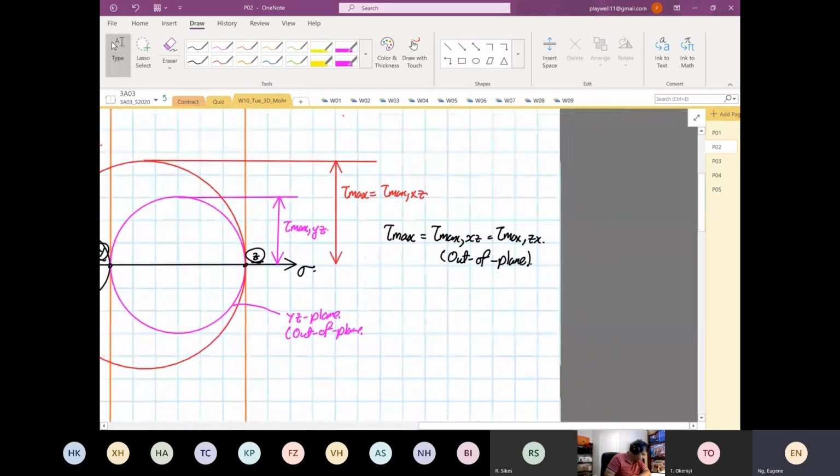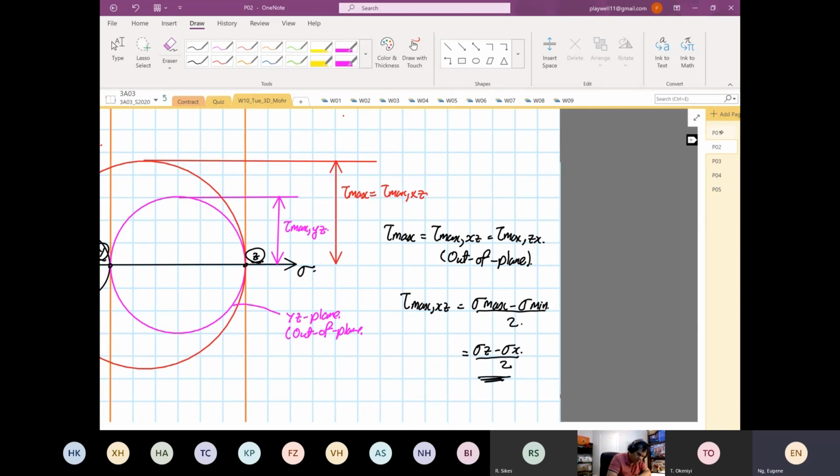I do apologize. So for this case, your shear XZ max, or shear max XZ, is equal to maximum normal stress minus minimum normal stress, divided by 2. So for this case, it will be stress Z minus stress X divided by 2. Okay, so this is different from condition number 1.